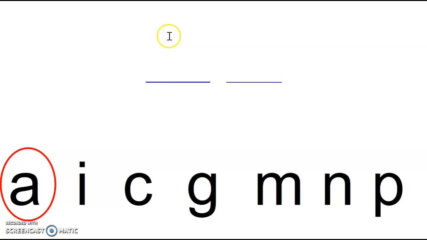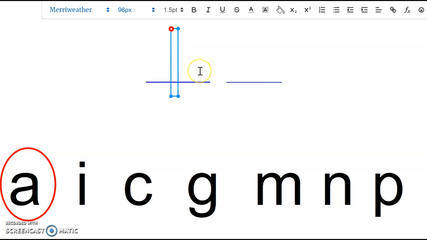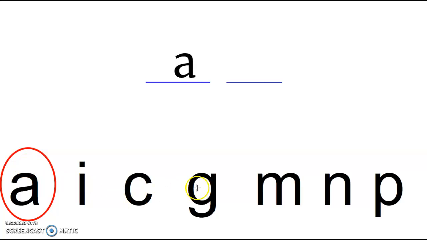The next letter that comes in our 2-letter word is the letter that makes the sound. Which letter makes the sound? Can you find it and point to it?